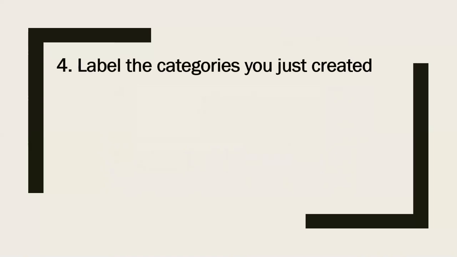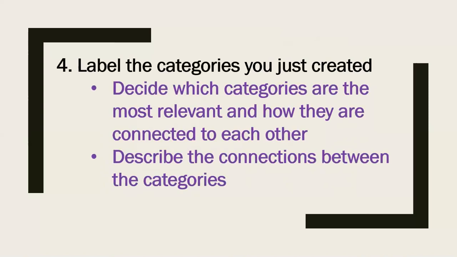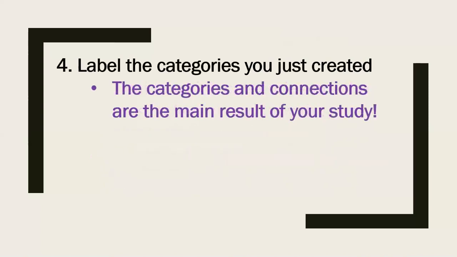In step 4, label the categories that you just created and decide which are the most relevant and how they are connected to each other. Describe the connections between the categories. These categories and connections are the main result of your study.